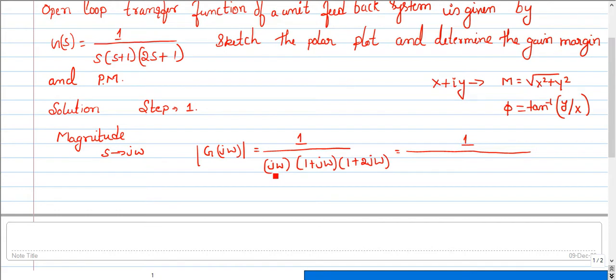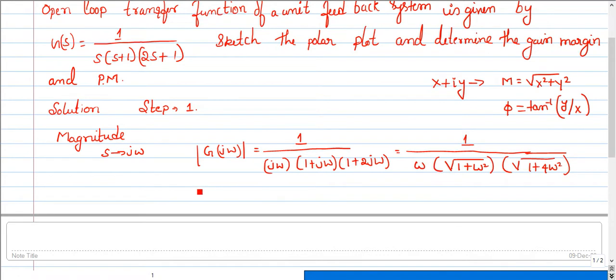For j omega, it will be root of 0 square plus omega square, so the root and square cancel and it will be omega. The second term will have root of 1 plus omega square, and one more term is root of 1 plus 4 omega square. If you substitute into the formula, you will get the magnitude in this form.